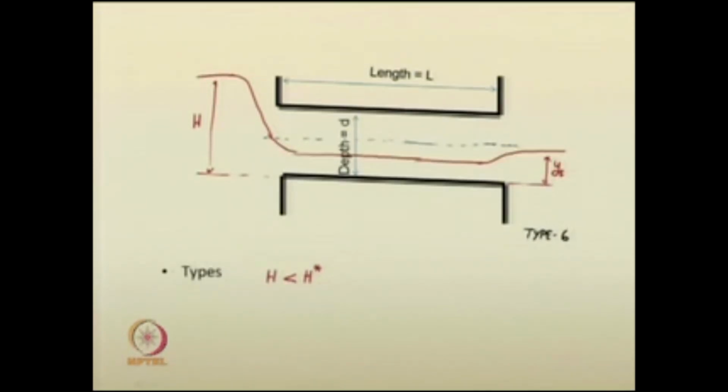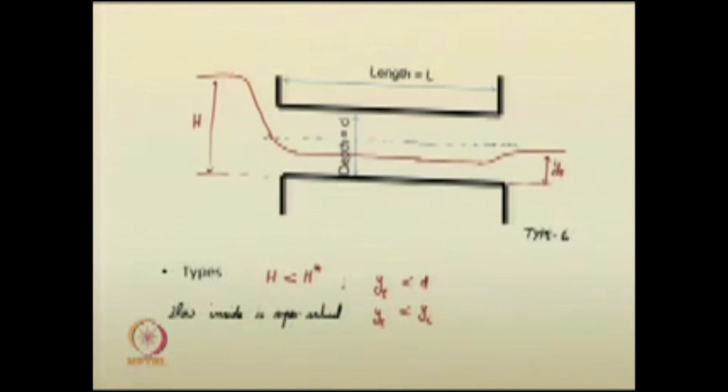So what does this mean here? YT is less than D, which you are quite aware of, and YT is also less than YC. The flow inside the culvert is supercritical.